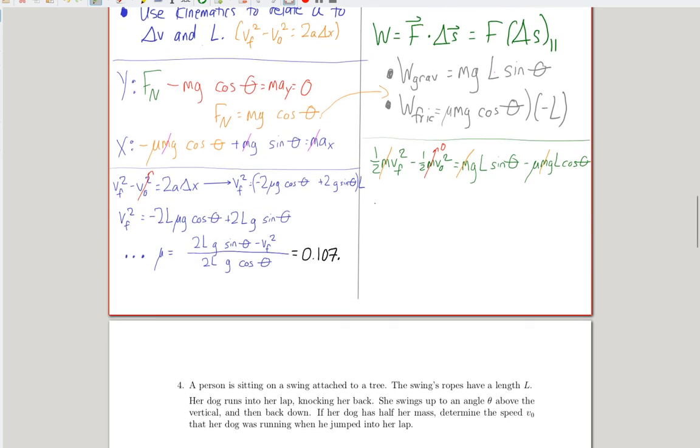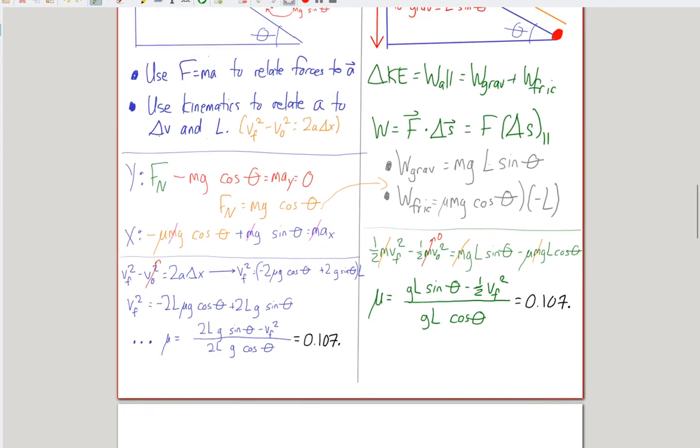So this is going to give us, in the end, doing algebra, that mu is gL sine theta minus 1/2 v sub f squared all over gL cosine theta, which again is around 0.107.